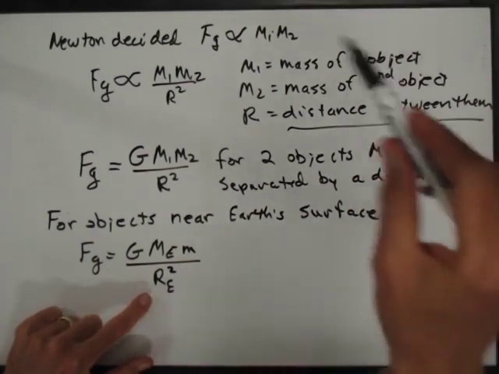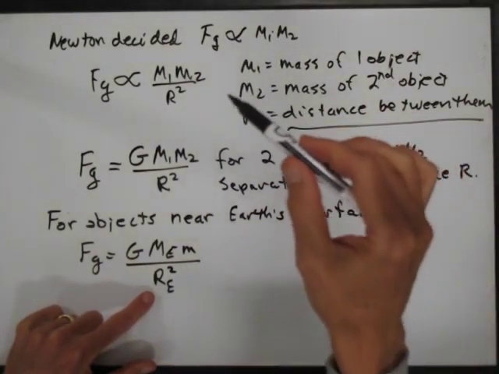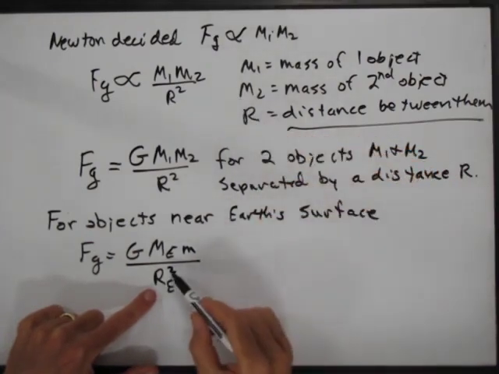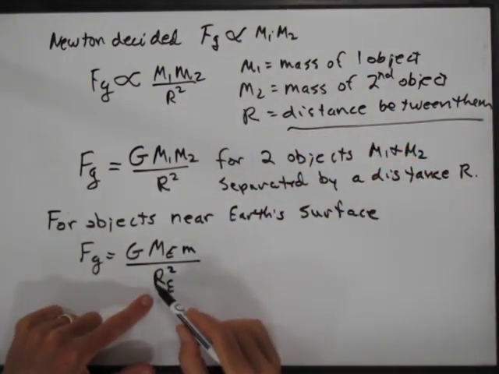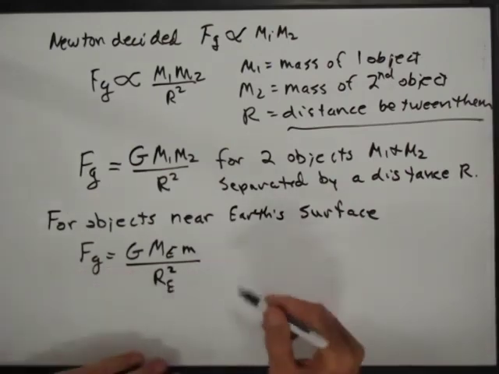It doesn't matter if I hold the object above the surface of the Earth by a mile or a half a mile or 10 feet or a meter, because this number is like 4,000 miles. And so as long as I'm fairly close to the Earth's surface, I can just use the radius of the Earth for this, right?